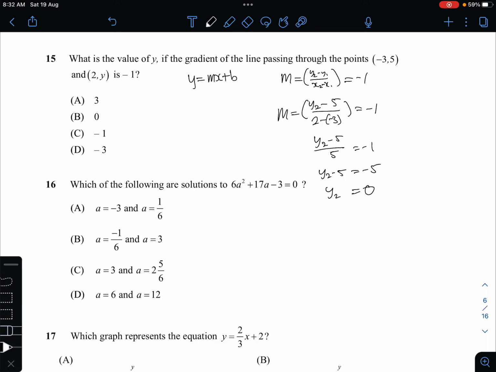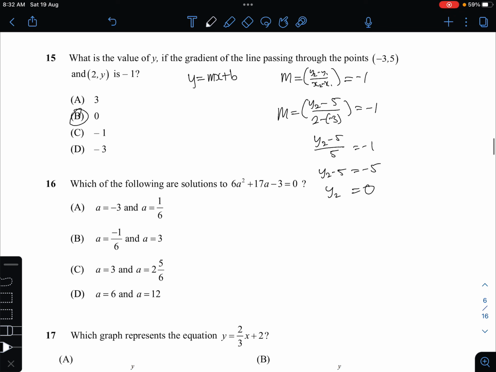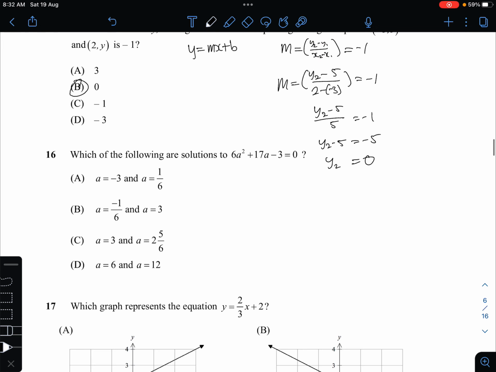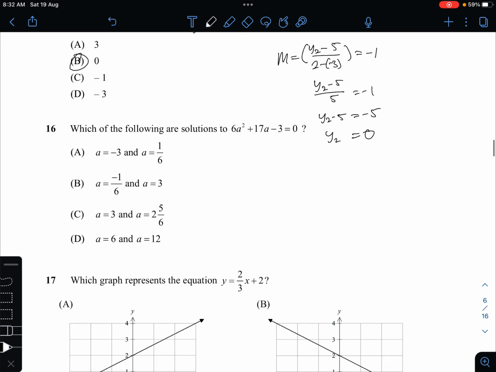Sweet. And therefore it's B. So that's just basic algebra really, but knowing to apply it to the gradient formula, which is shown up here, and actually reading the question properly, which I demonstrated how not to do.